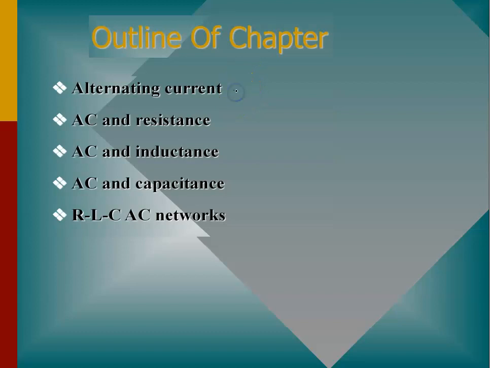First and foremost, we will understand what an alternating current is, and then we will see what happens when we connect the three main basic instruments of a circuit with AC. So we will see what happens to the current, the resistance, and also the voltage itself.